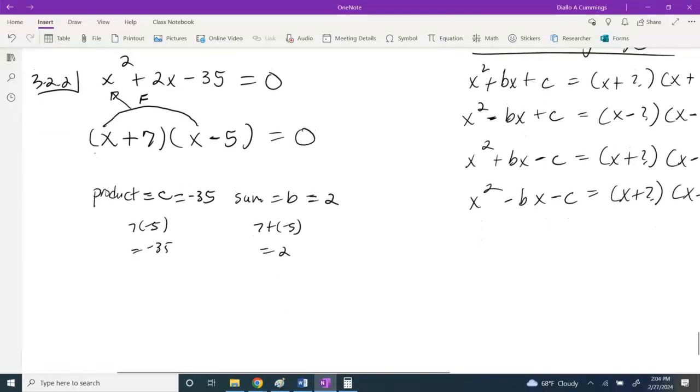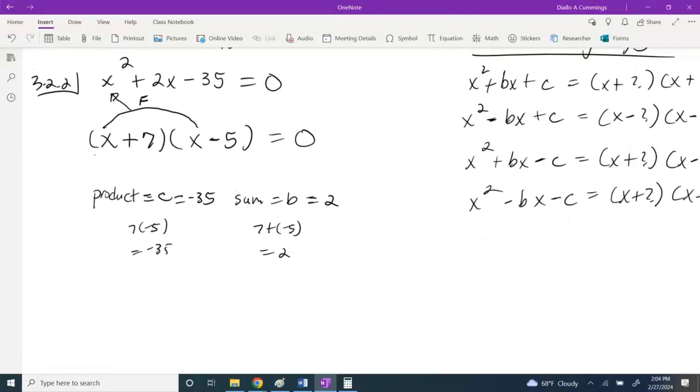All right, so I know my two numbers are positive 7 and negative 5. Now here's where that FOIL method comes in. You have the first term, and whatever you put for your last terms must give you the last term in your trinomial. 7 times negative 5 is negative 35.